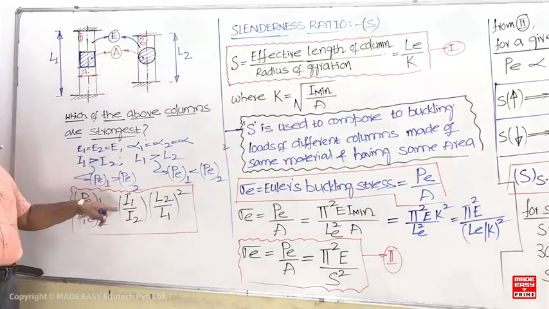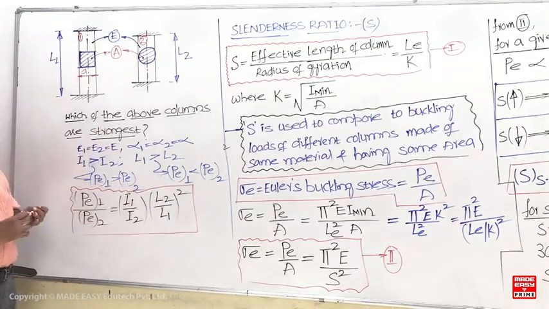PE1 by PE2 equals I1 by I2 into (L2 by L1) whole square.